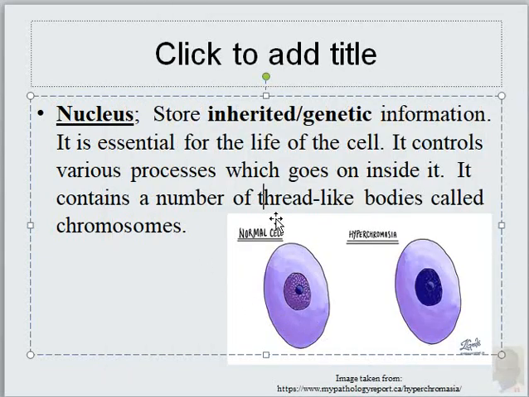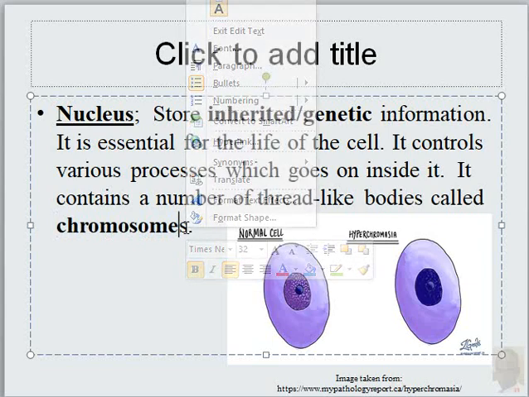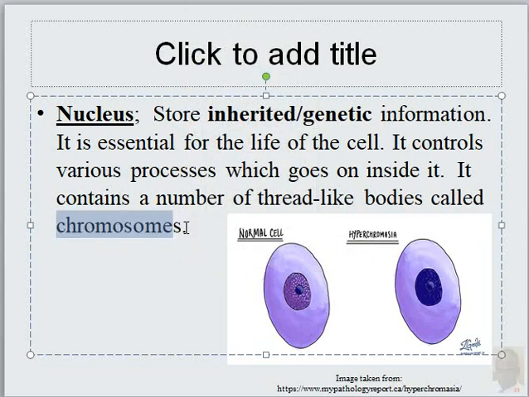Right, within the nucleus you have some tiny thread-like bodies called chromosomes. Chromosomes are the structures. It's like you have a library, and you stack up all the books with information inside there.